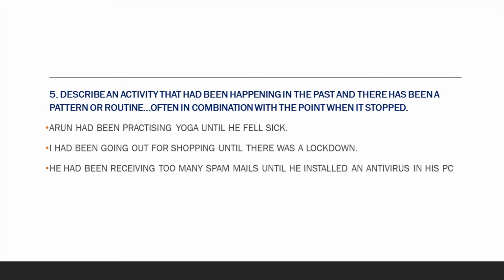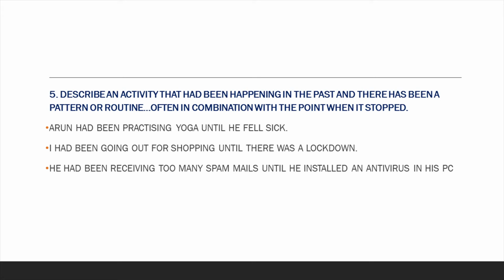So had been practicing signifies a habit, a routine which is done every day. So Aaron had been practicing yoga until he fell sick. At that point, it stopped. So even when you don't use the point at which it stopped, it clearly tells you that it was about a habit. So this is often used in combination, however, with the point when it stopped.